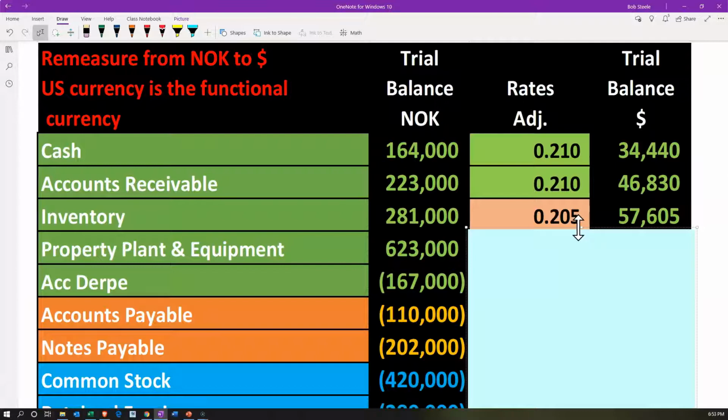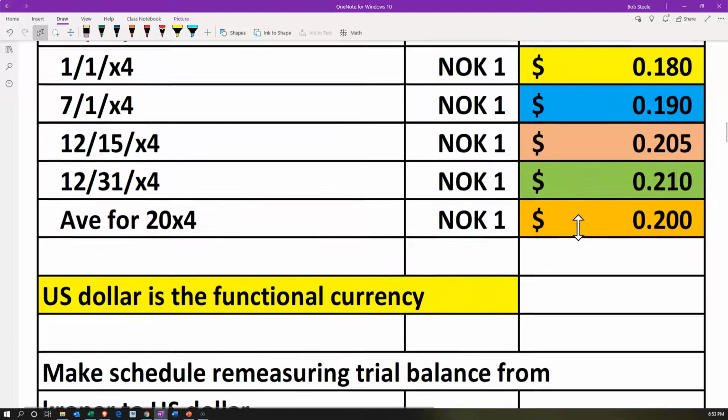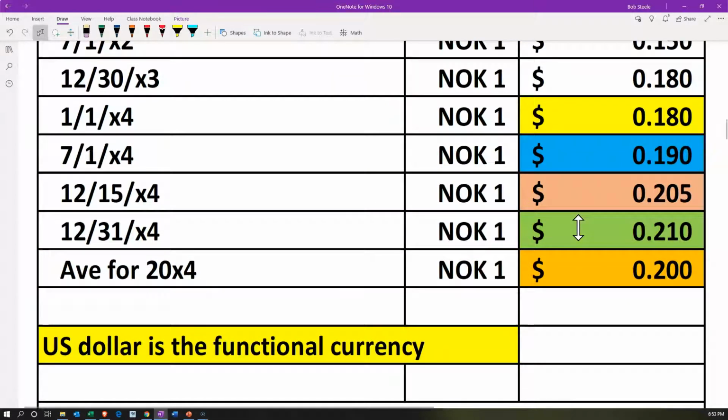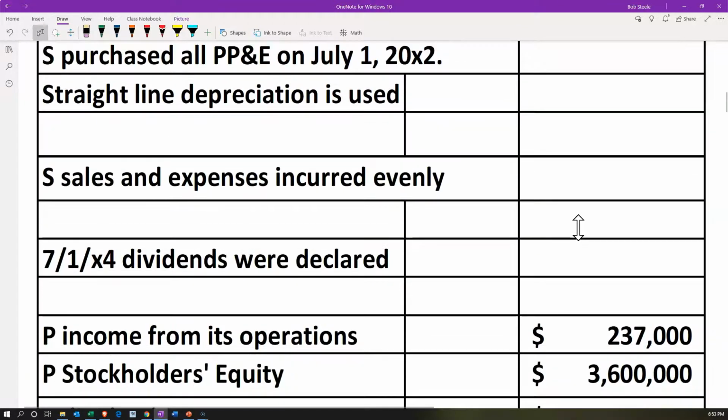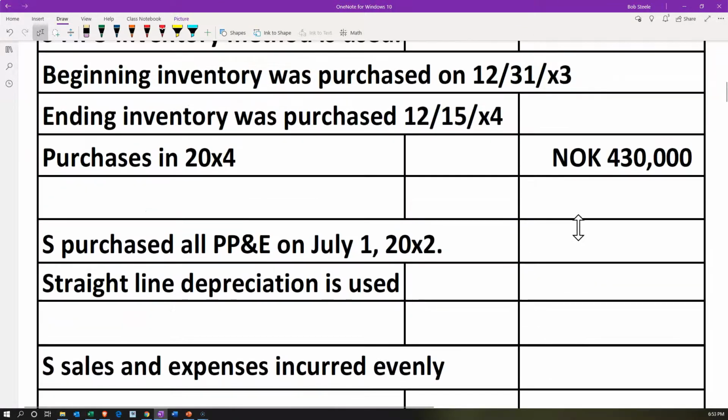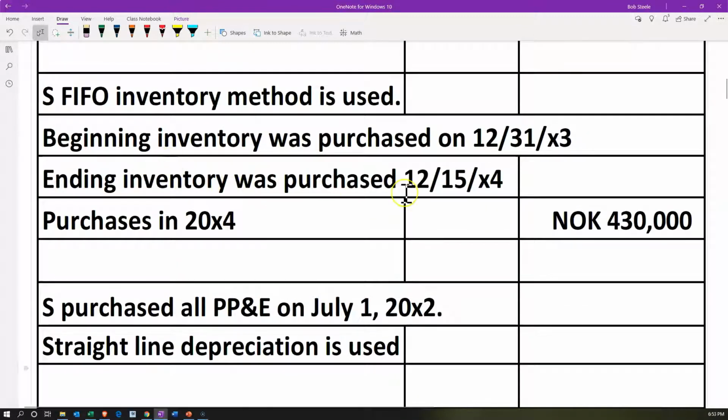For the inventory, we're going to use a different rate because we're purchasing something. The problem told us that the inventory in ending inventory was all purchased on 12/15. So now we have something on the books that we know when it was purchased, and it's sitting there.